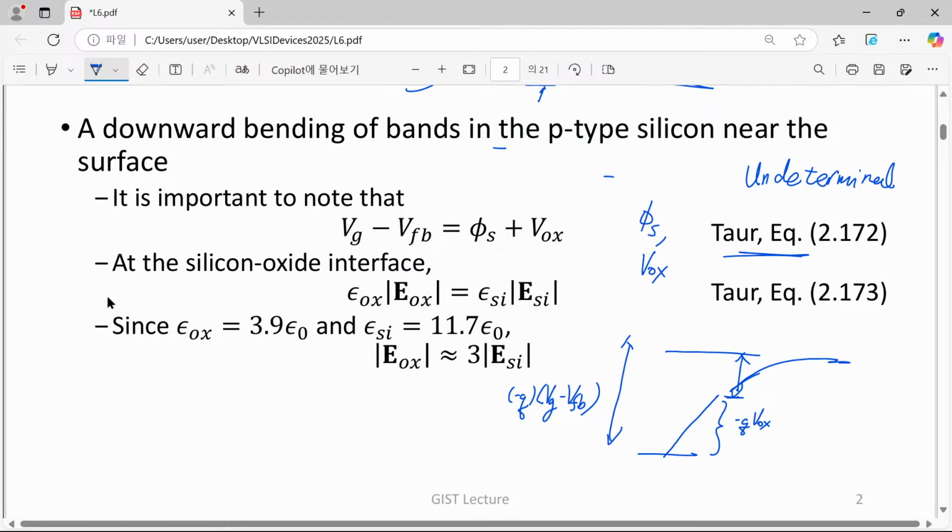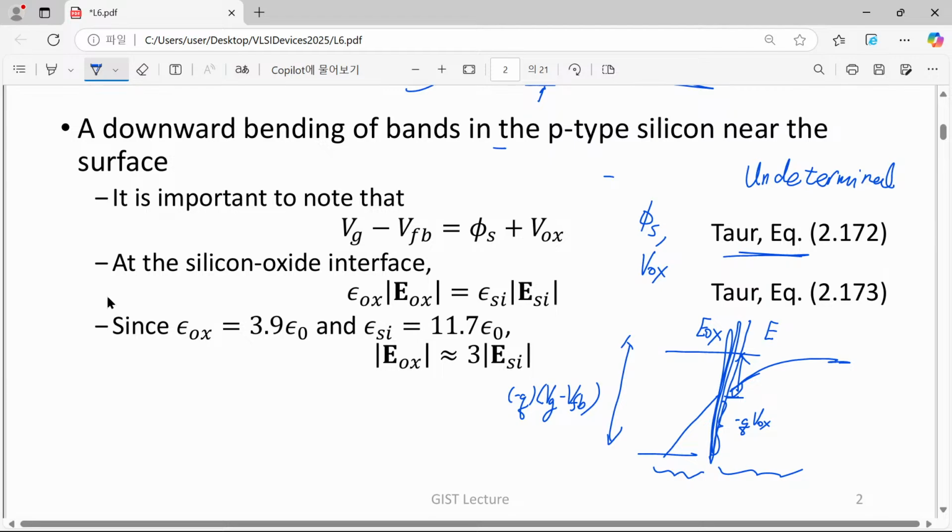Since this system has two different regions called oxide and semiconductor, it has an interface, and at the interface we can define the oxide electric field, the electric field inside the oxide layer, and also the electric field inside the semiconductor.